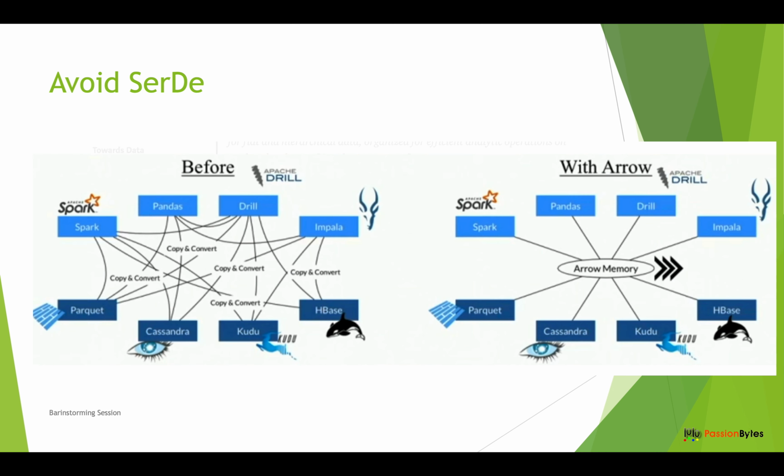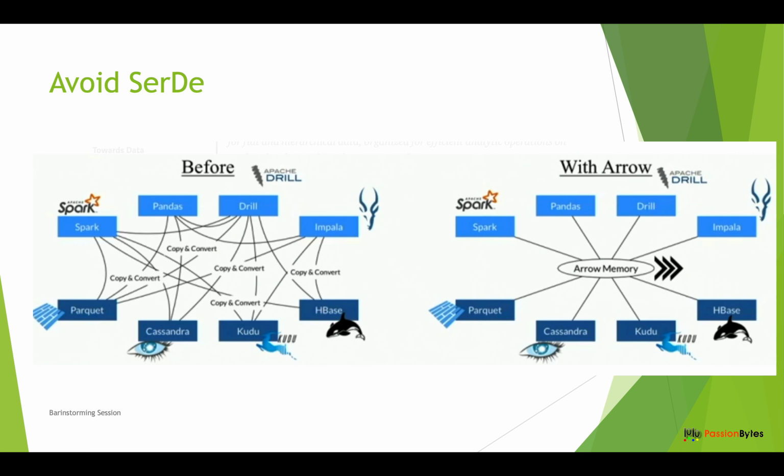The heart of this architecture is powered by Apache Arrow, a new data format, in fact, a zero copy data format. If you look at the left hand side, whenever you are transferring data from one system to another, the data has to travel through the network, plus there is an expensive operation called serialization, as well as the opposite, deserialization, at every layer.